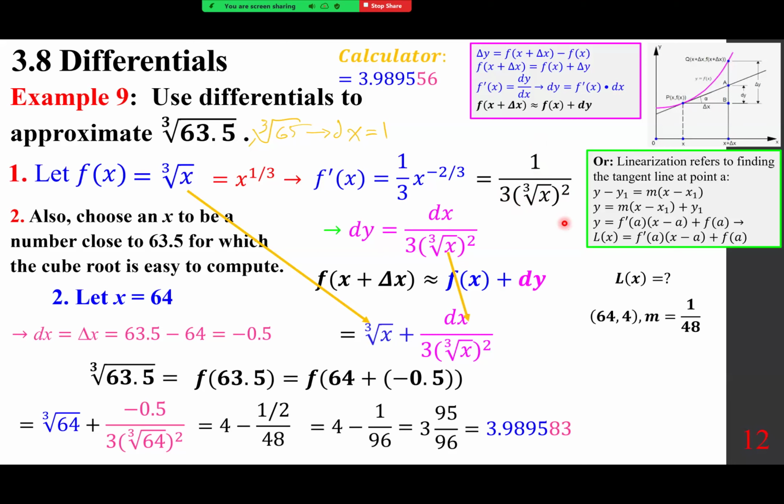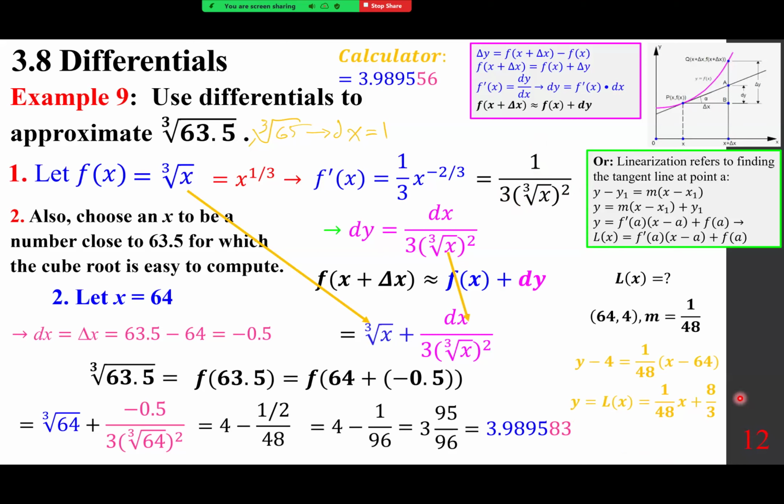Y minus y1, we're going to use the point slope. Y minus 4 equals m, 1 over 48, times x minus x1, that means x minus 64. If you move things around, and I'm going to leave it for you to do the algebra, you get y, or L of x, or the tangent line, equals 1 over 48 x plus 8/3.